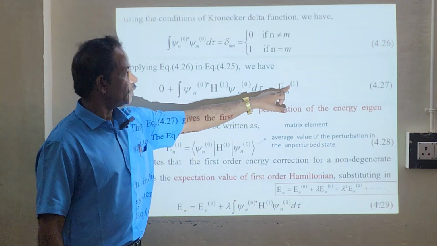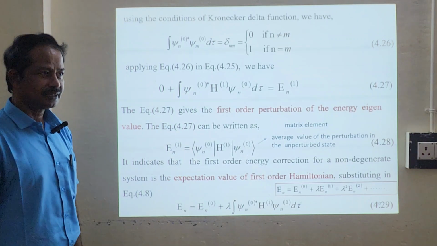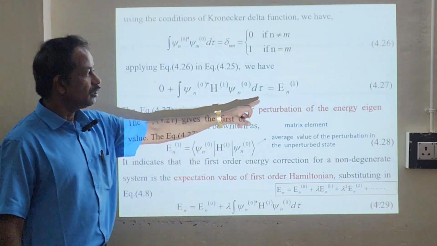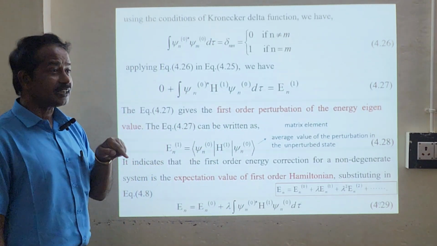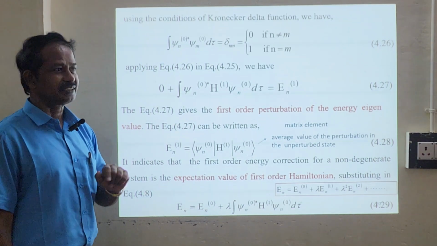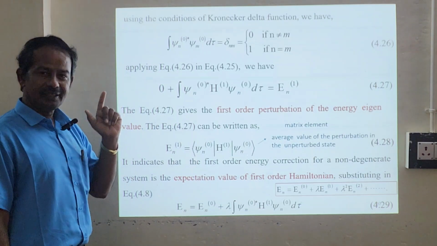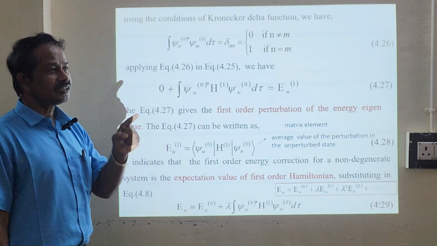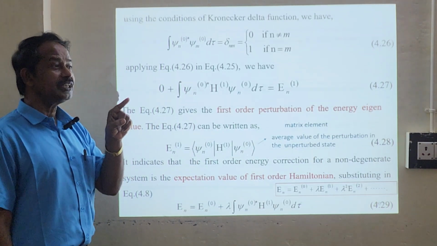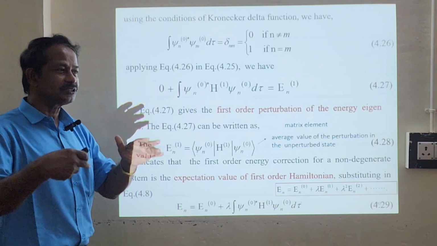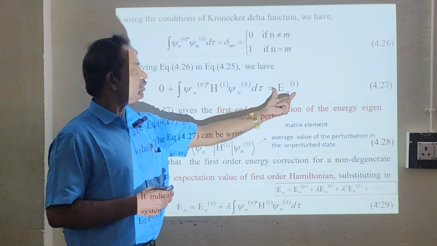So your En1 is equivalent to this. Correct? What is En1? It's the first order corrected energy. En0 is the unperturbed term. En1 is the first order correction energy. En2 is the second order correction energy. It goes on.